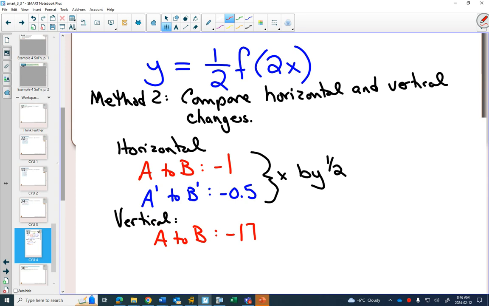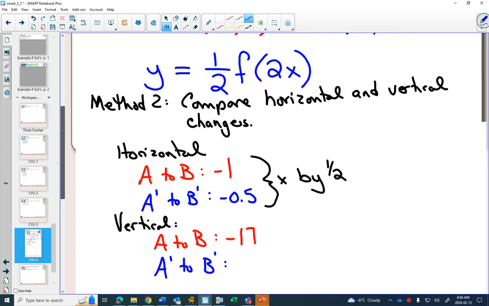And if I look at A prime to B prime, I go from 4.5 down to -4, which tells us our y values had to be multiplied by a half as well.